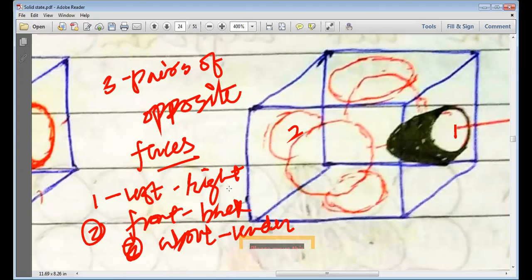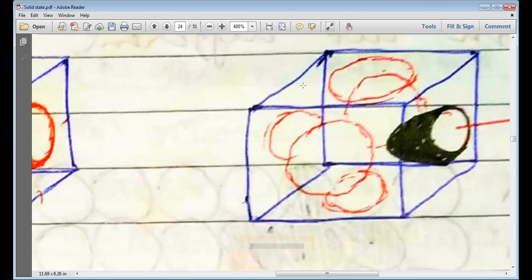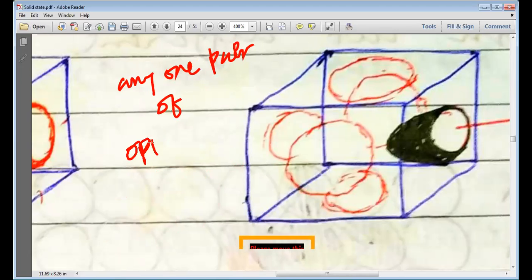Out of these three pairs, if apart from the 8 corners, the particle is present at any one pair of opposite faces, we call it an end-centered unit cell.